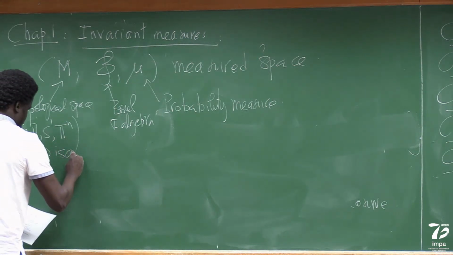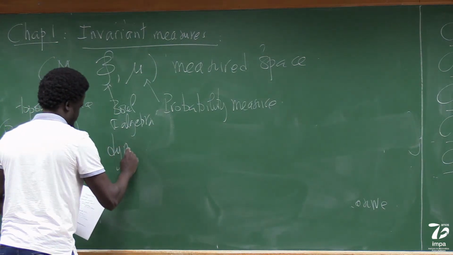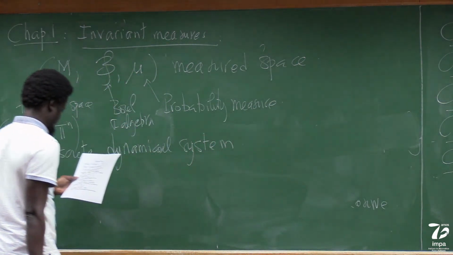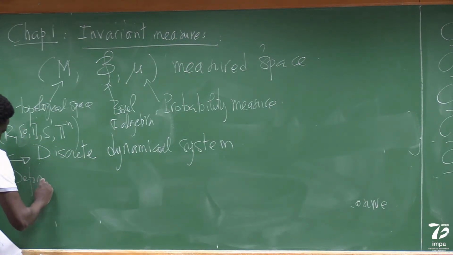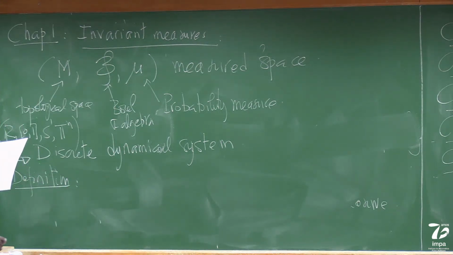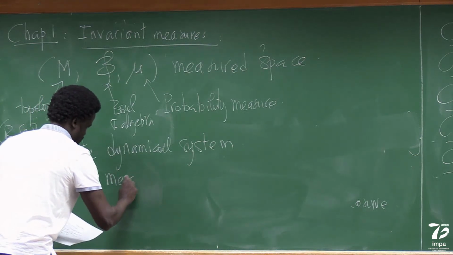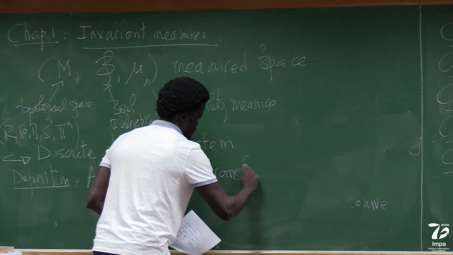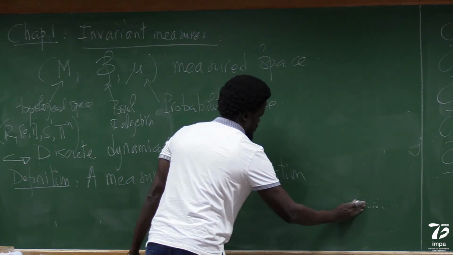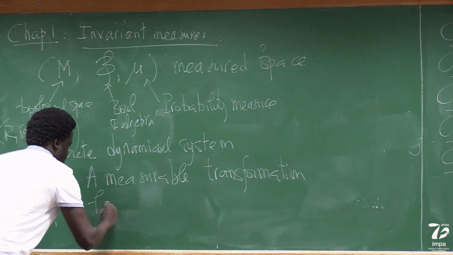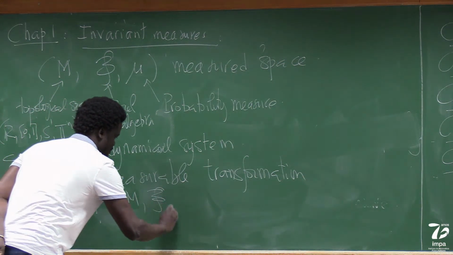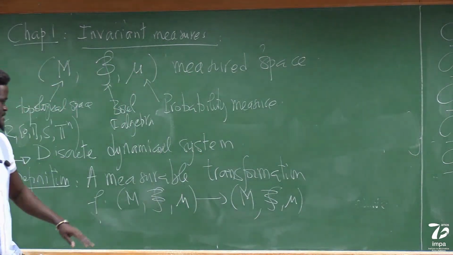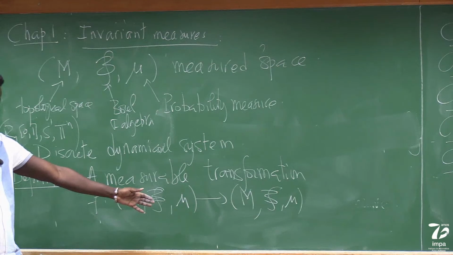So, discrete dynamical system. The definition for this: a measurable transformation f from (M, B, mu) to (M, B, mu), because when I say measure, there should be a measure given here.